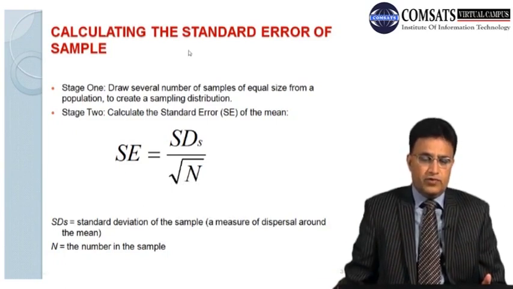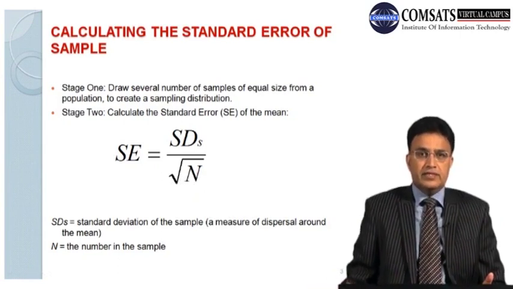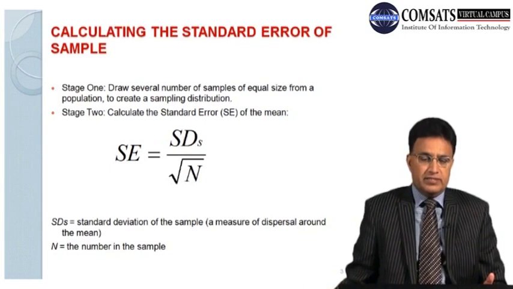That would be in the form: SE, the standard error, is equivalent to SDS, the standard deviation of the samples, divided by the square root of the number in the sample. It seems to be a bit of a mathematical formula, but it's very simple.